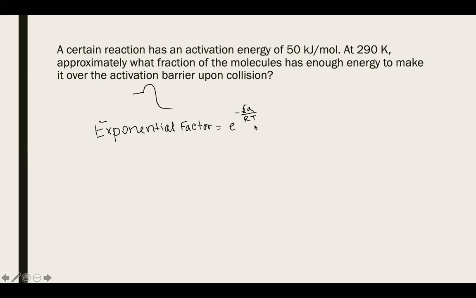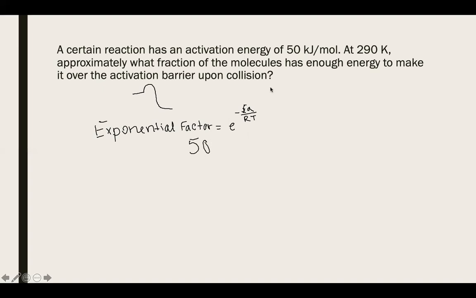You're already given EA as 50 kilojoules per mole, you're given your temperature as 290, and R is just a constant, 8.314. The only thing you have to do is note that R is in joules, so, in joules times K over moles, because of that you have to make sure your activation energy is also in joules.